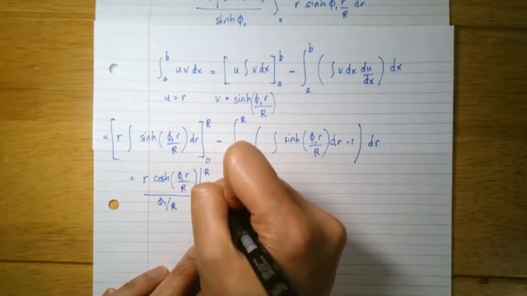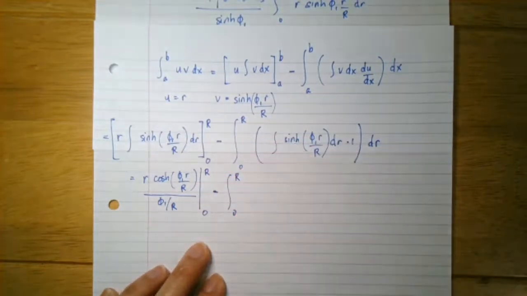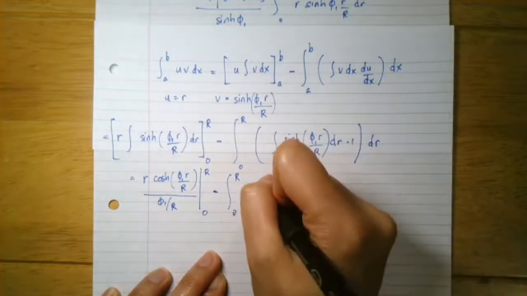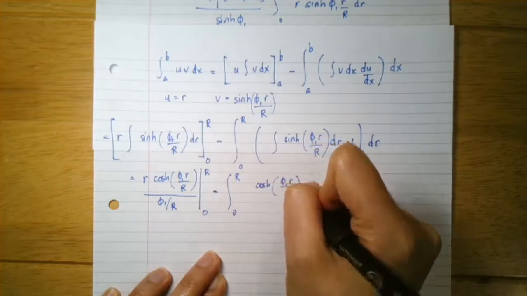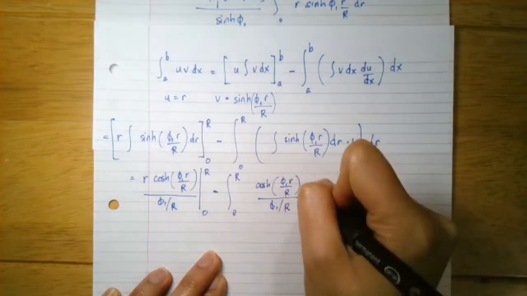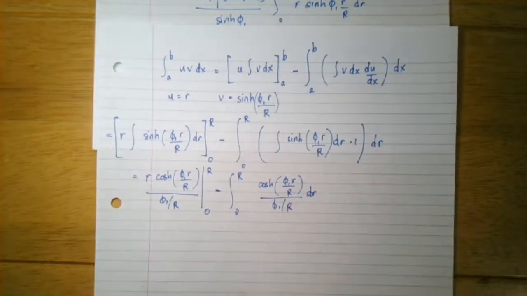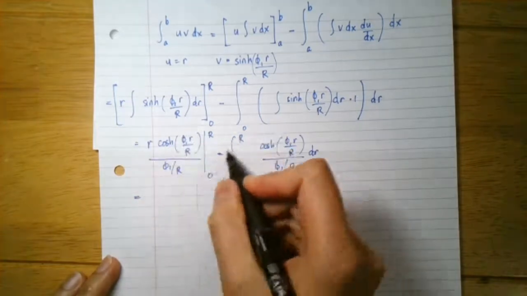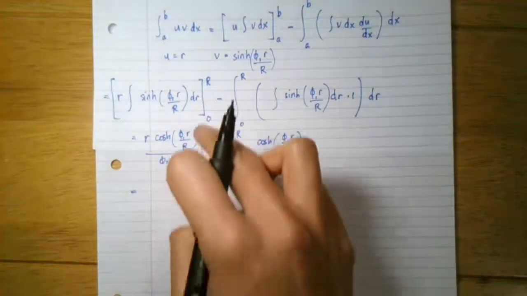So what about this one? 0 to R. Let's evaluate the inner integral first. So the inner integral, we have cosh(φ1 r/R) divided by φ1 over R, dr. Let's evaluate it further. This one we can now evaluate at the limits of integration.